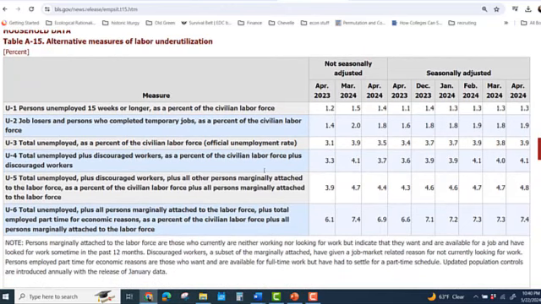U4, discouraged workers, and U5, those have been flat in the last couple months, but from a year ago, we went from 3.3 here to 4.1. So that's a pretty significant uptick. U5 went from 3.9 to 4.8, pretty big move there. And then finally, U6, that broader underemployment rate, part-time workers and discouraged workers, or rather marginally attached.